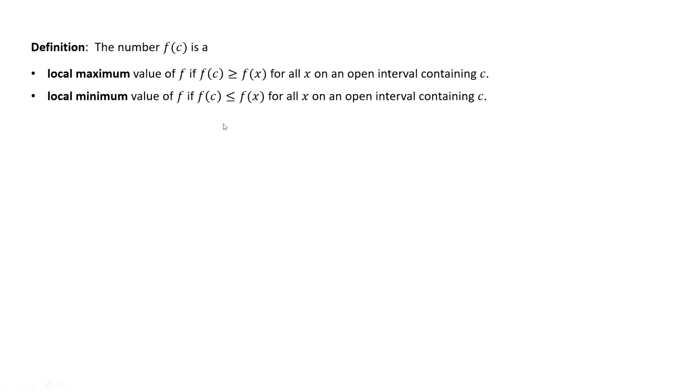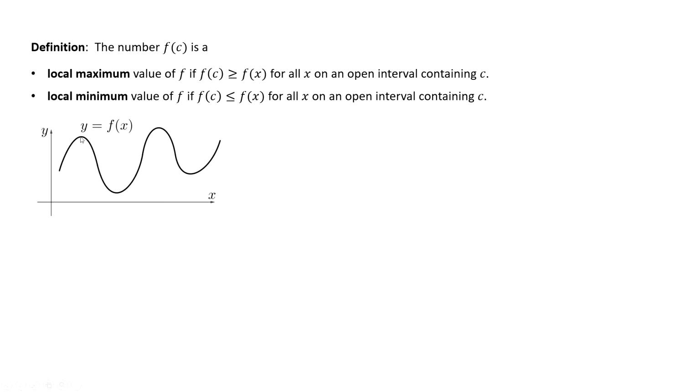Similarly, local minimum can be defined as f of c less than or equal to f of x for all x on an open interval containing c. Here is what I mean by that. Let's take a look at it. Here, what's the absolute maximum? Let's go back to our absolute maximum. You look at this, there is a pretty high value.